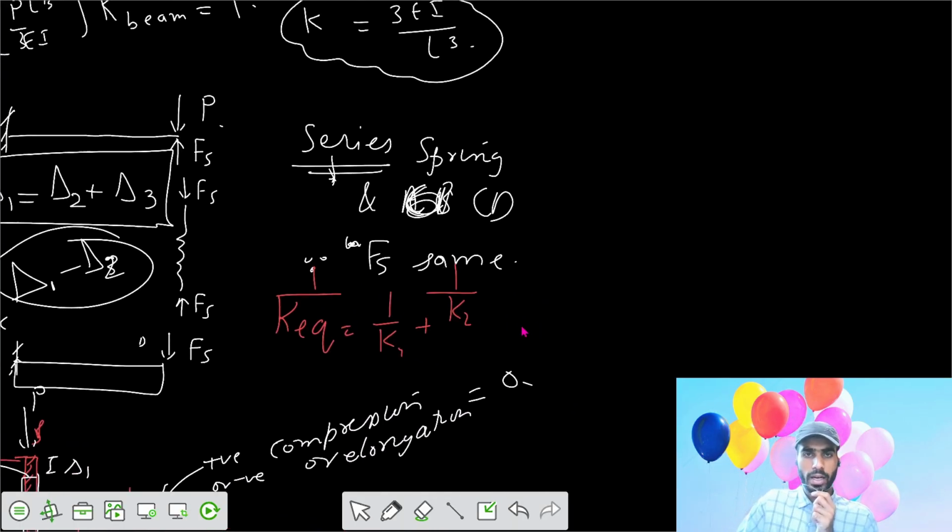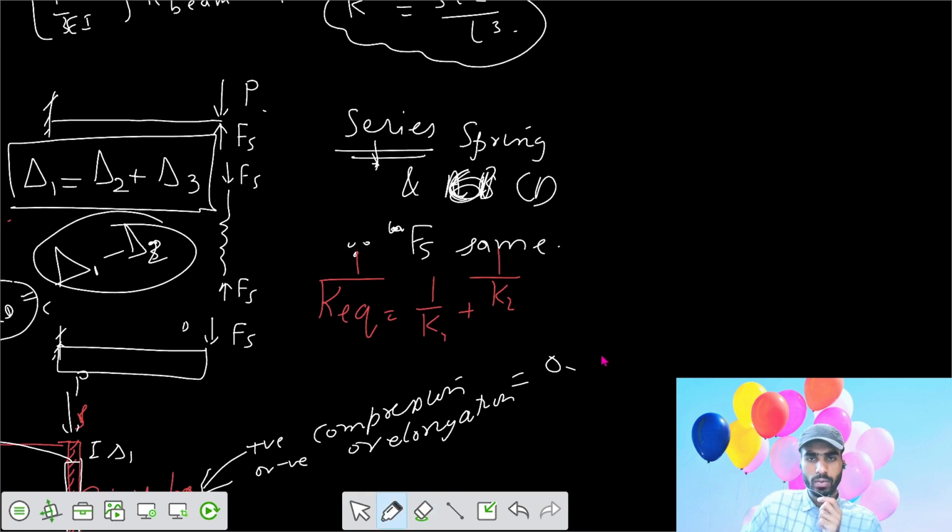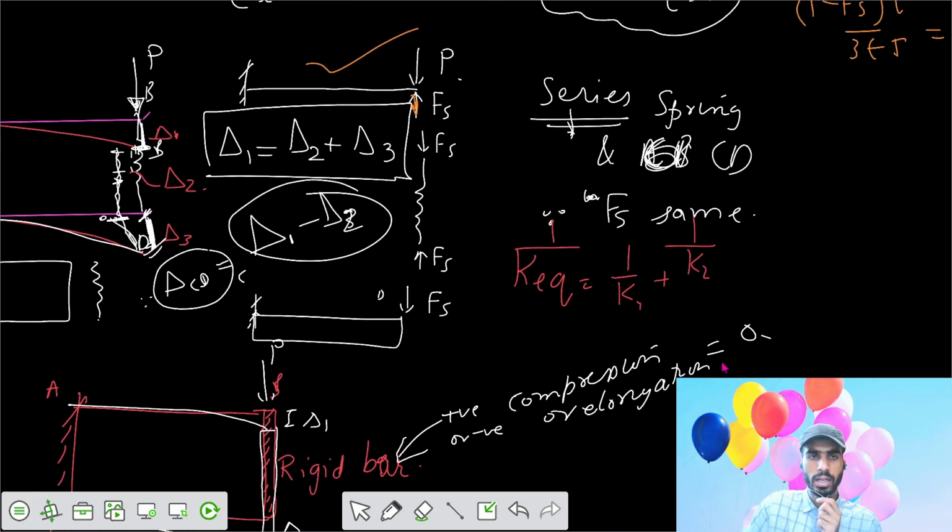And from the free body diagram, we can write the value of delta 1. We have delta 1 equals (Fp minus Fs) L cube by 3EI. This should equal the force in the spring, Fs by K, plus the deformation in the bar CD.